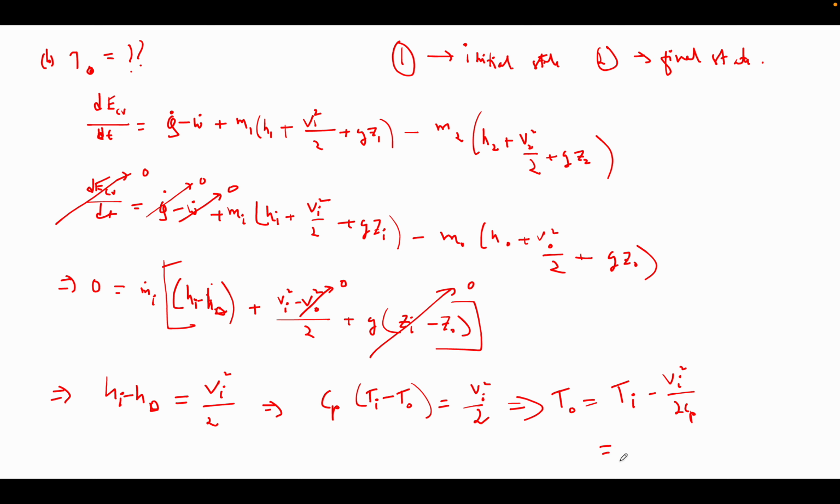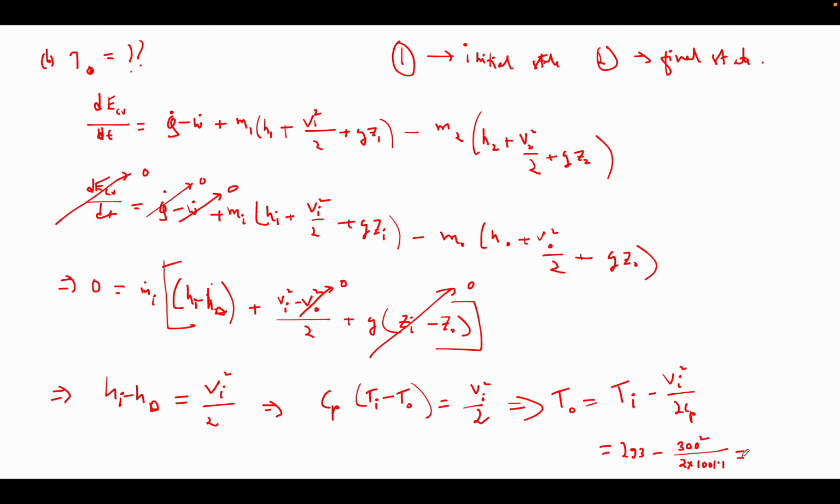Okay, so we have ti, that is 293. We have vi, that is 300. And we know the cp value of air, that is 1001.1. Now we put these values, what will we get?